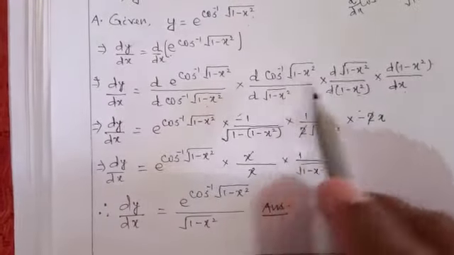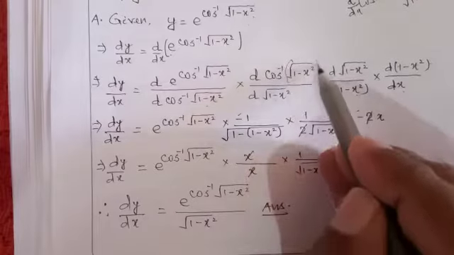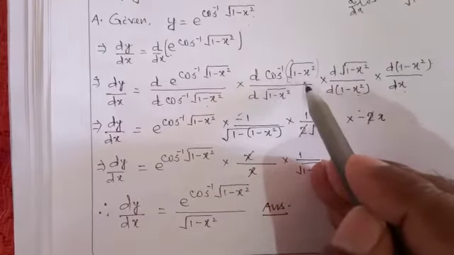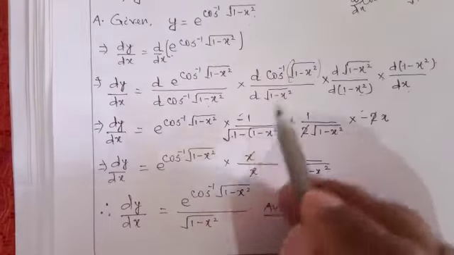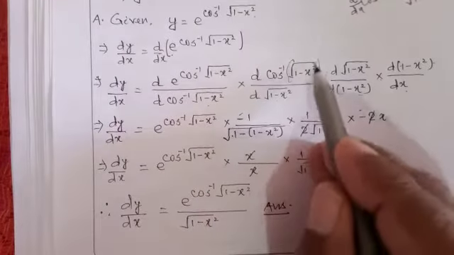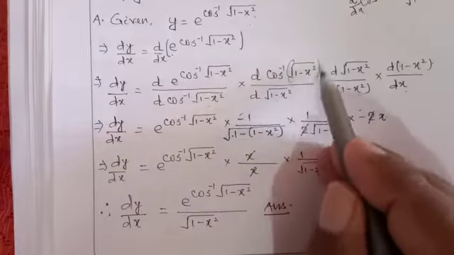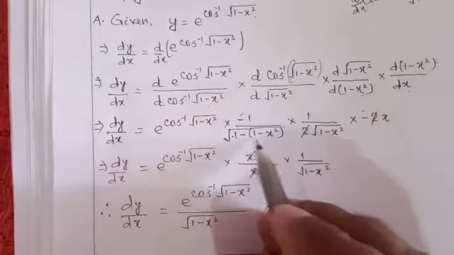Put accordingly in the formula. Here x is the whole term under root 1 minus x square. So minus 1 upon under root 1 minus the square of this term, which should be 1 minus x square.